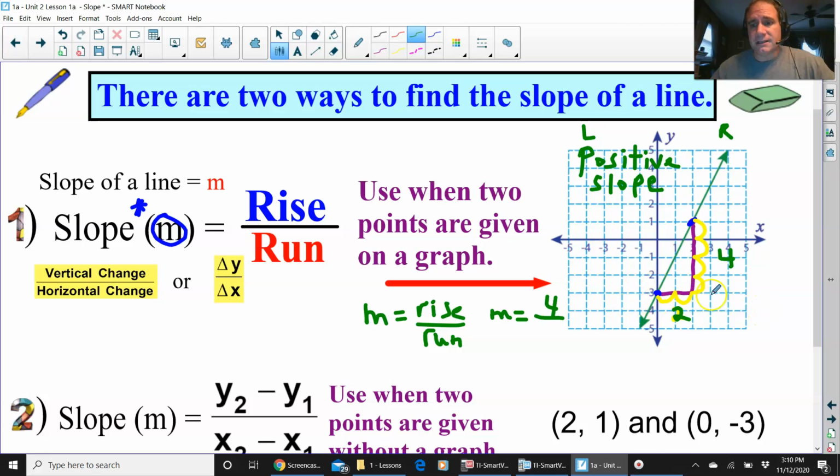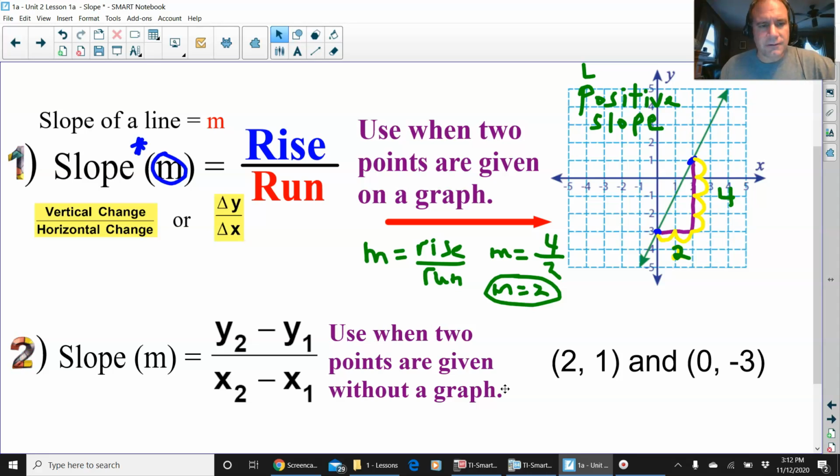So that means it's 2. So the slope here is 2. And it's positive 2. The line's going up from left to right, and that's basically it.